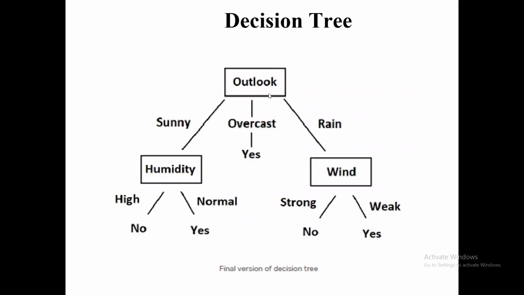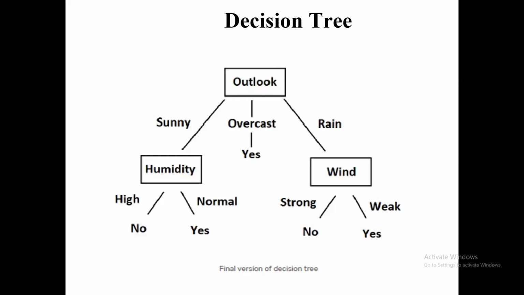So if we do that, we can see that whenever outlook is equal to rain and wind is equal to strong, the decision to play tennis is no. And when the wind is weak, our decision to play tennis is yes. So we have our final decision tree because we have reached the leaf nodes for each of the branches.